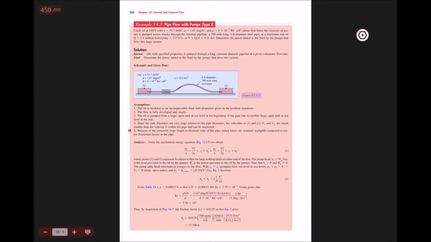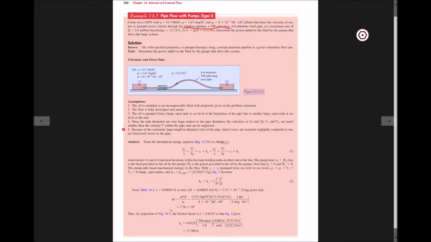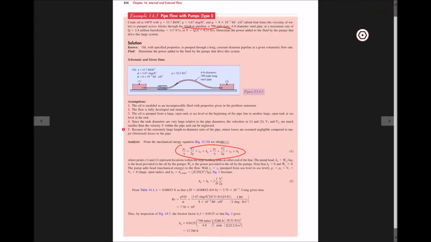In the following example, which works exactly the same way, we really see how the major losses become really major when we have a very long piping system. In this particular case, we have the Alaskan pipeline, which is 800 miles long. Same equation, start at the beginning, and the major losses are a function of this.